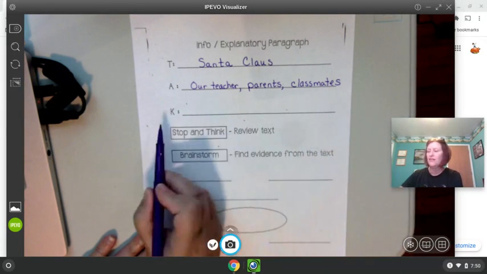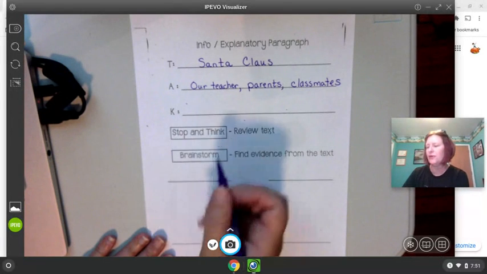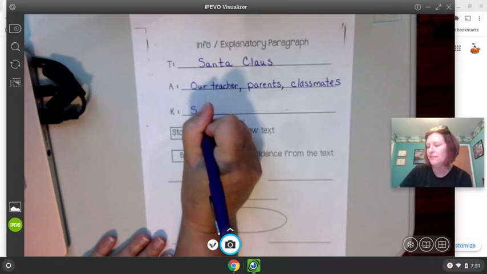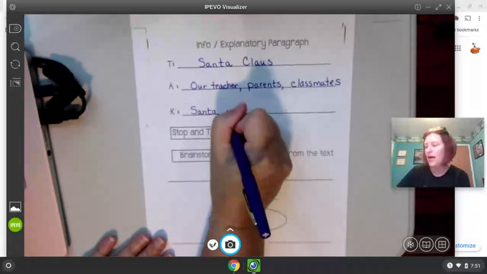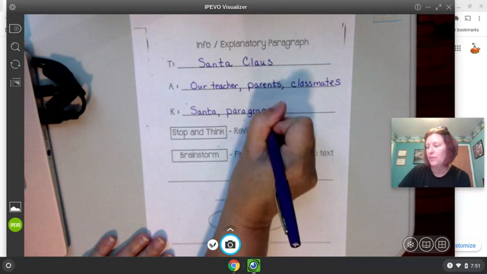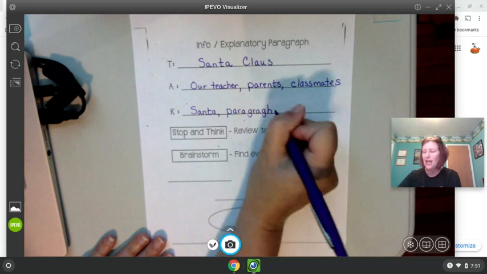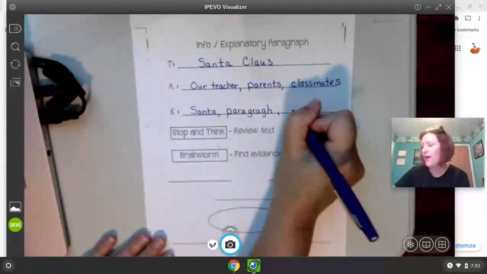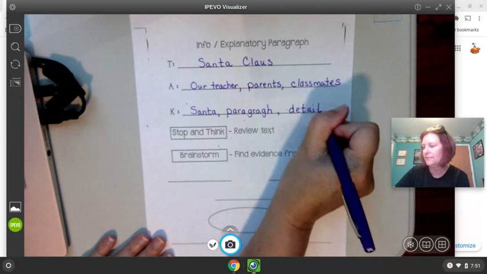All right. The K stands for key words. So things that we need to remember. We're writing about Santa. That's a key word. We're writing a paragraph. Okay. A paragraph is at least 5 sentences. And in our paragraph, we're going to include some details about Santa.